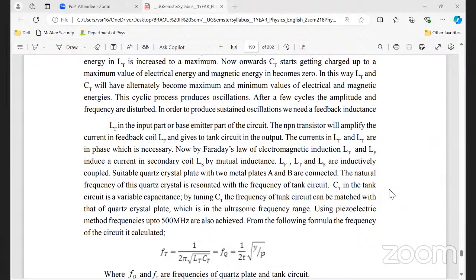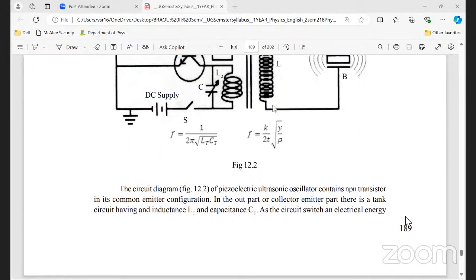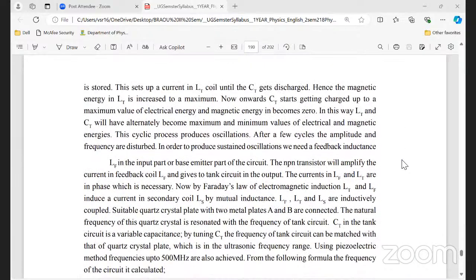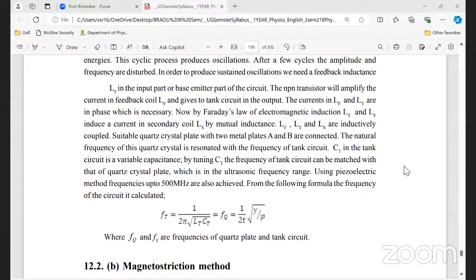So a quartz crystal with two plates, A and B, is connected to the LS here. The natural frequency of the quartz crystal resonates with the frequency of the tank circuit. So you can observe the quartz crystal producing ultrasonics.